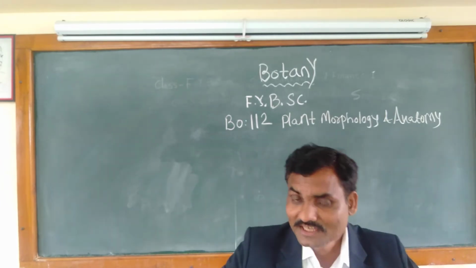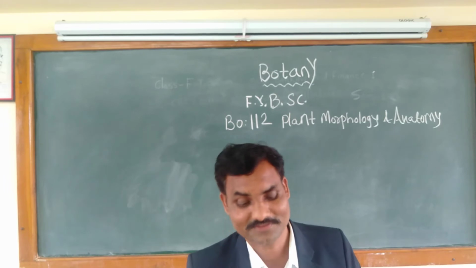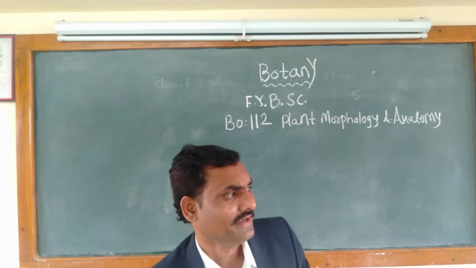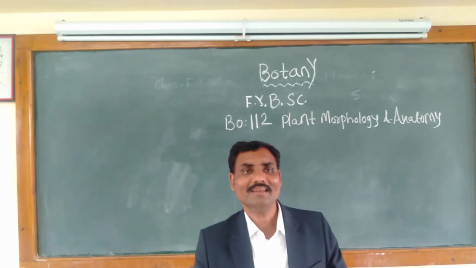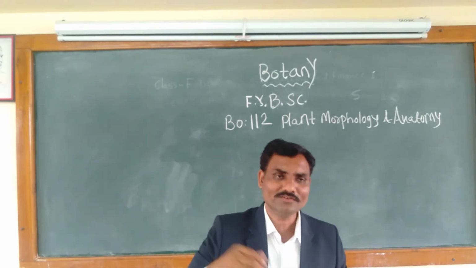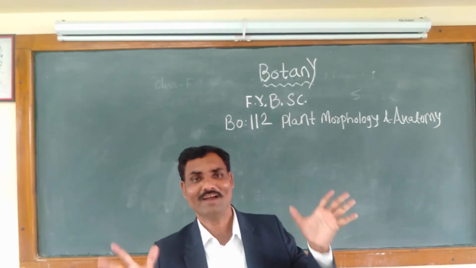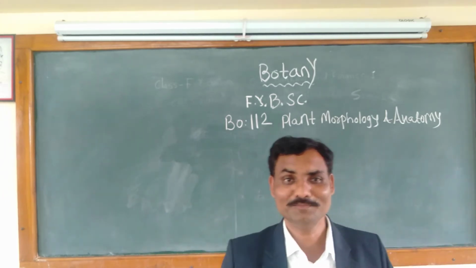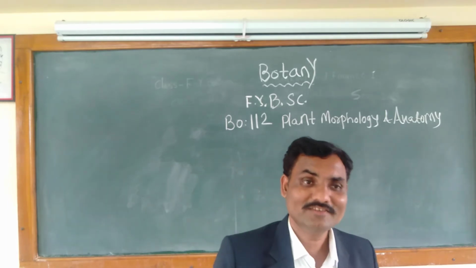Then what is the significance of this inflorescence? That is also included in our syllabus. Then second article after this inflorescence is about the flower. We know that flower is a very attractive and a reproductive part of the plants. That is also included in the syllabus.